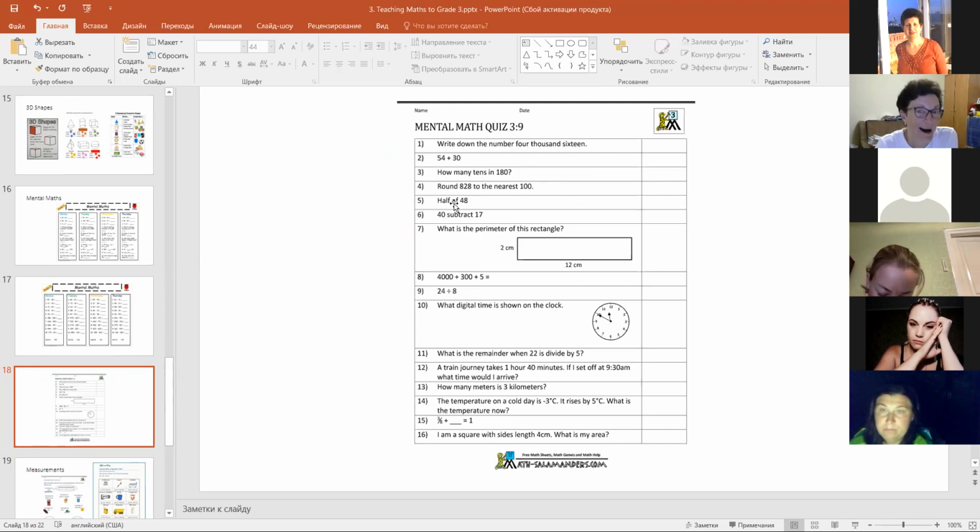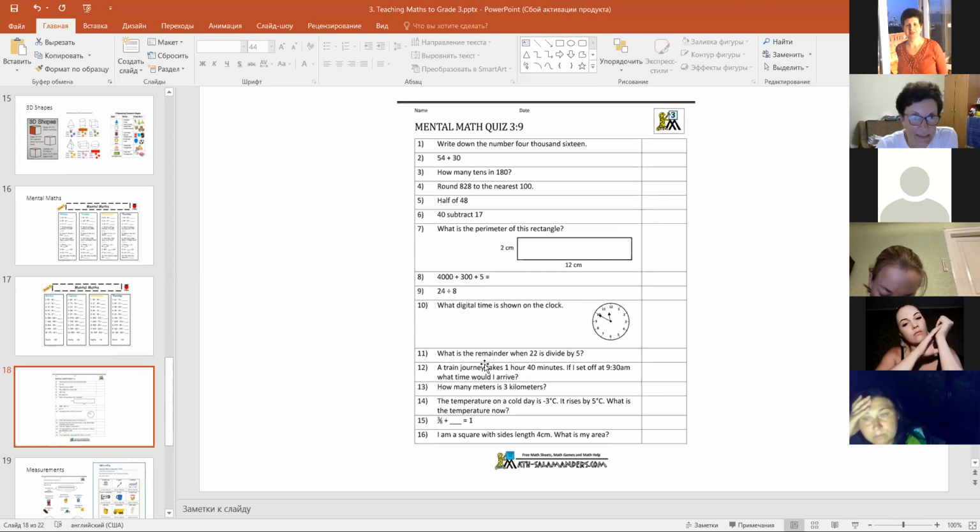Round, half, like always dividing by 2, subtract, perimeter, so numbers which actually are place values. So simple division, clock time, and here we haven't talked about the remainder.